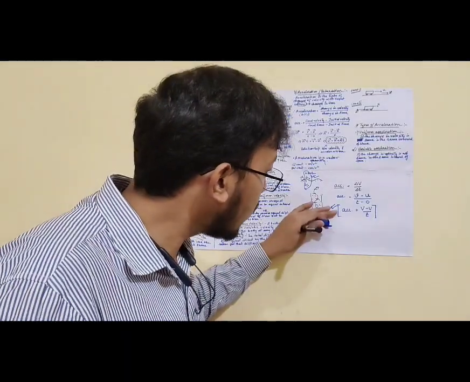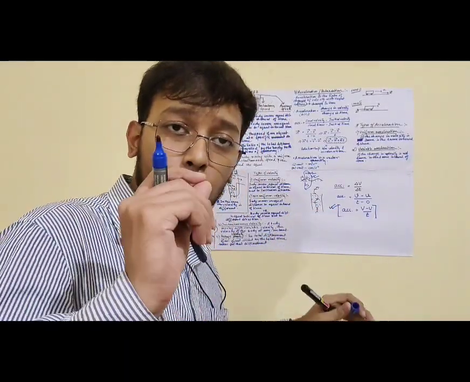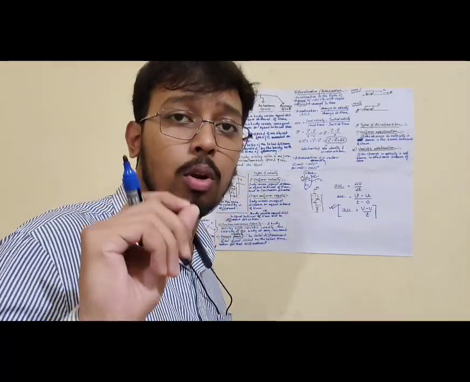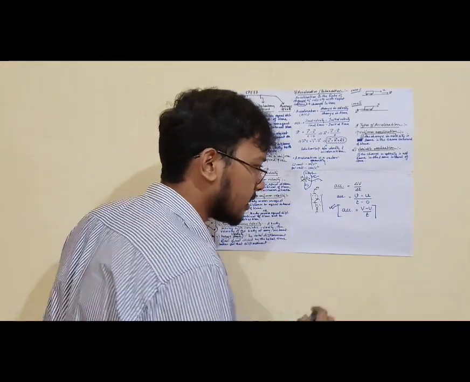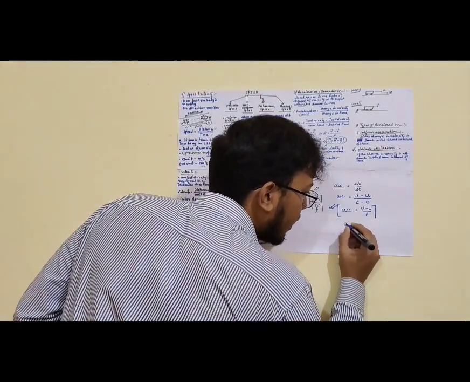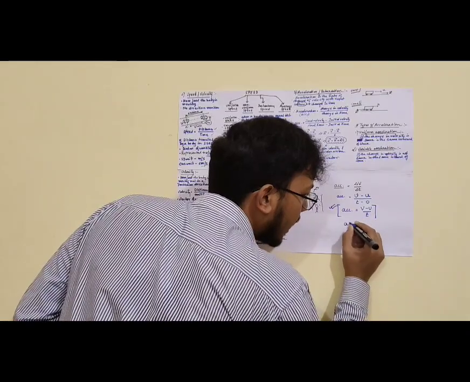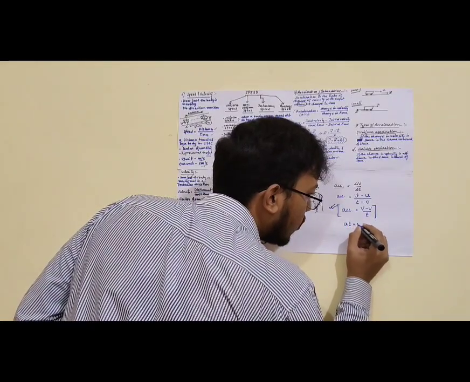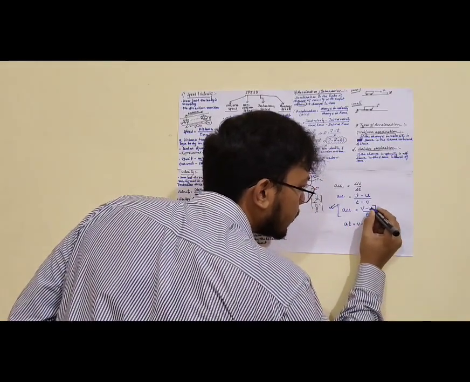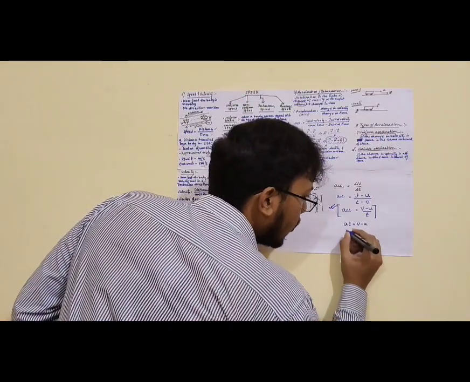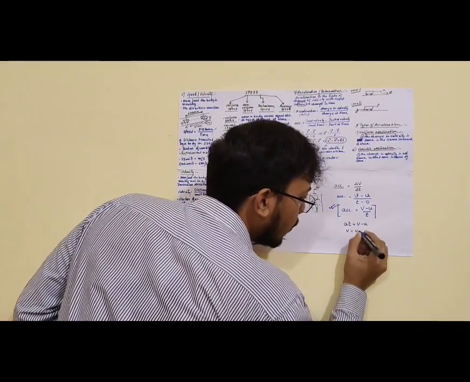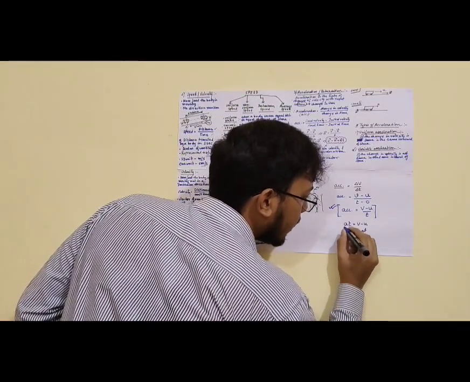By this formula we can derive the most famous equation of motion. Take t to this side: at equals v minus u. Then v equals u plus at.